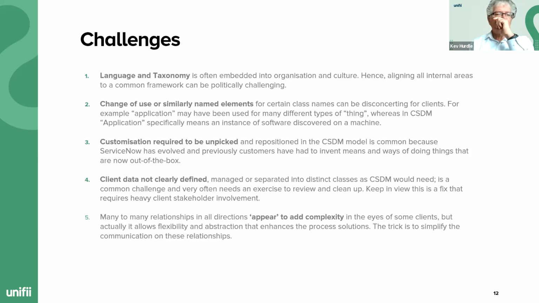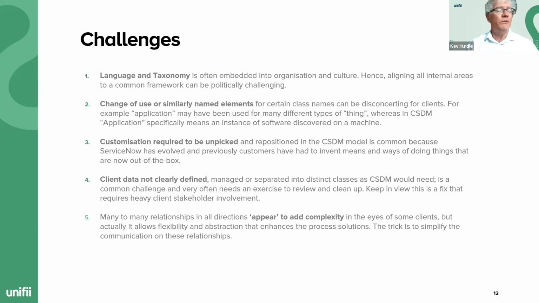So some of the challenges that we see: language, taxonomy, making sure that everyone is calling Heinz, Heinz, and not red sauce. Often politics come into this. There are challenges around the change of use of some things.